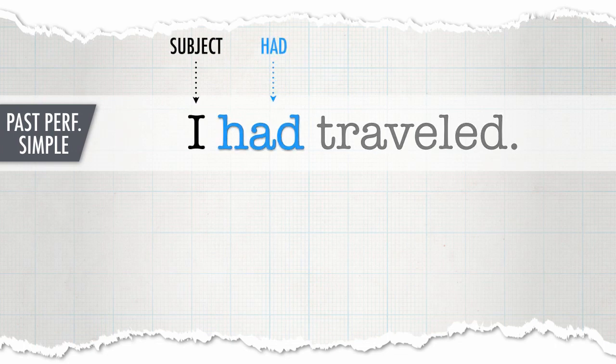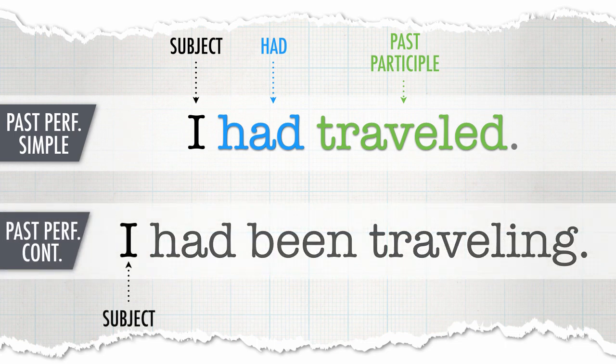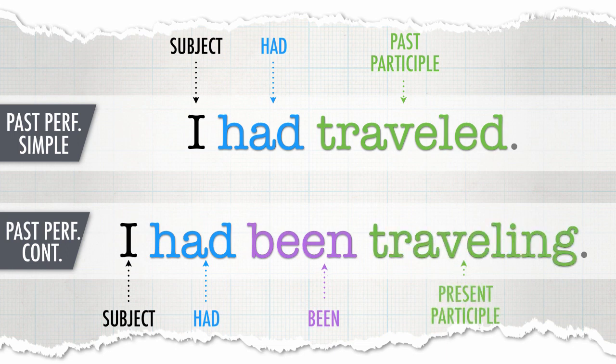A past perfect simple sentence always has the subject, had, and the past participle, whereas the past perfect continuous always has the subject, had, been, plus the present participle. So when I go over the types of verbs in the coming videos, like past participle and present participle, it's really important that you grasp those because you're going to need that information as you learn the tenses. Don't worry, you can always go back to the verbs video and review.